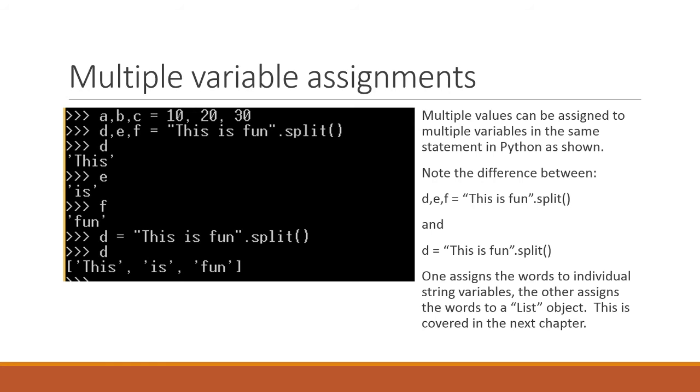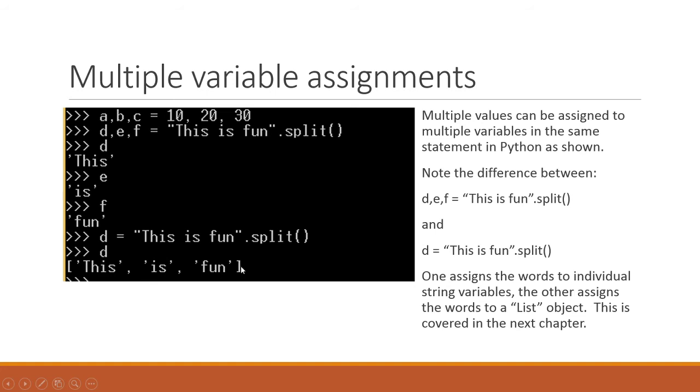You can even do it with functions, like for instance, we're using a string with a split function, and you can do d, e, f equals this is fun.split, and if you type in d, you'll get this, e is, and f is fun. That is different than doing d equals this is fun.split. That basically makes d a list, a list of words, okay?